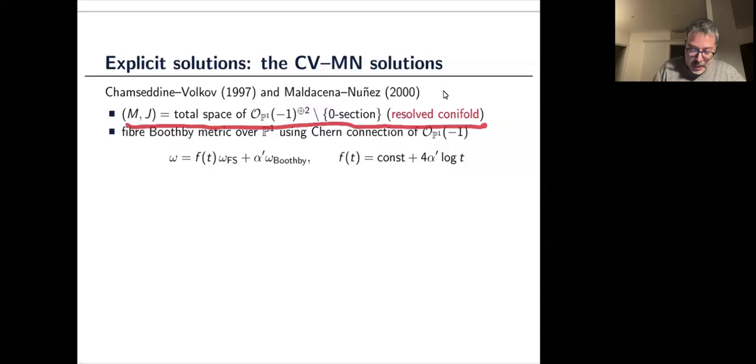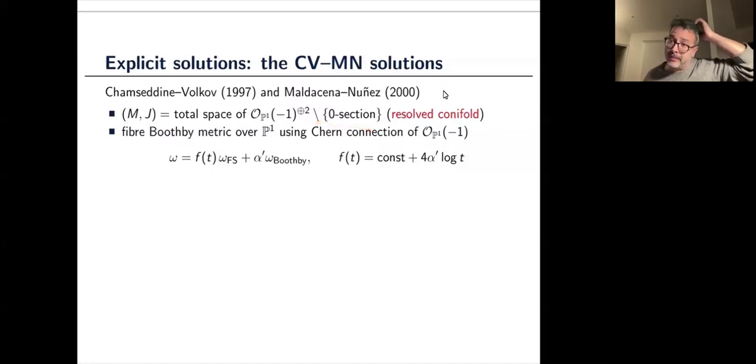So I'm taking P1, I take a rank 2 complex vector bundle over P1, which is O(-1) plus O(-1). And then I'm going to remove the zero section. Okay, so this is a C2 minus the origin holomorphic fibration over P1.